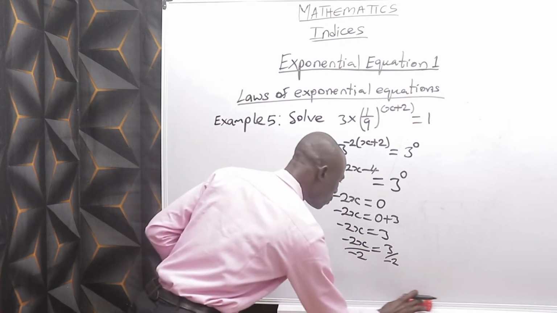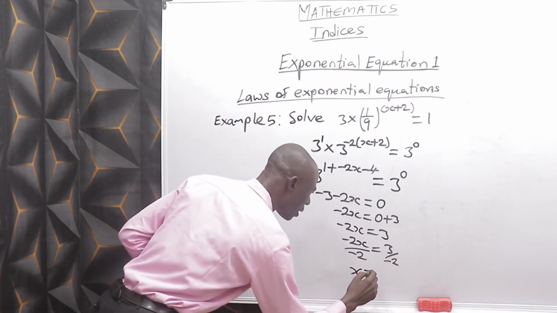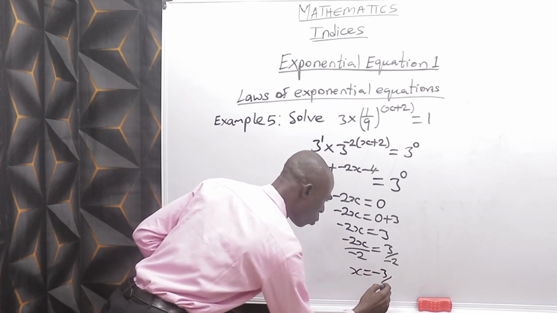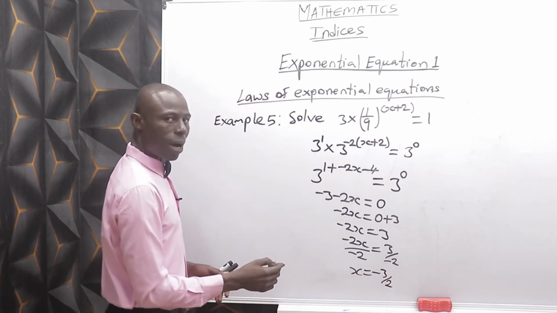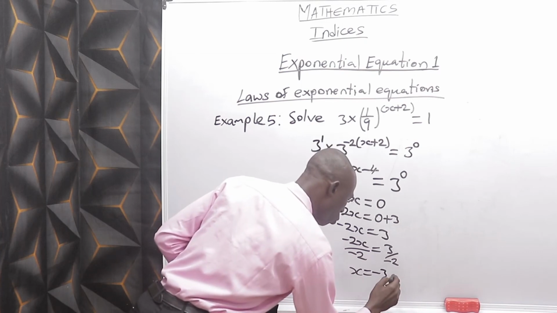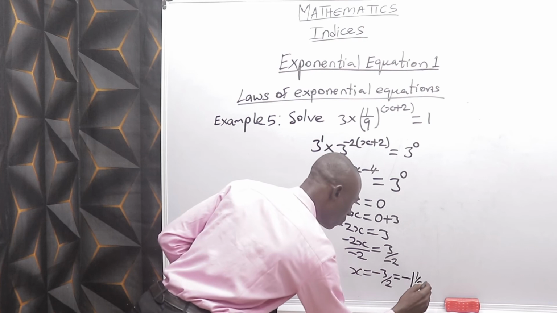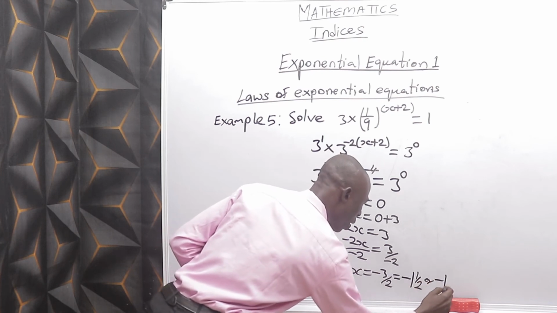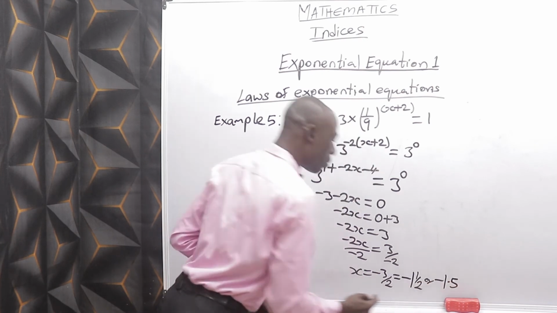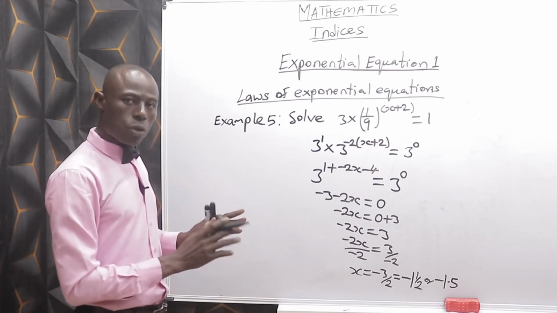And finally, we will have x equals negative 3 over 2 as our answer, which could be expressed as negative 1.5. In any way you leave it, you are okay.